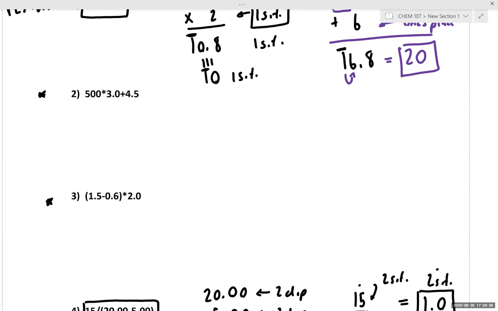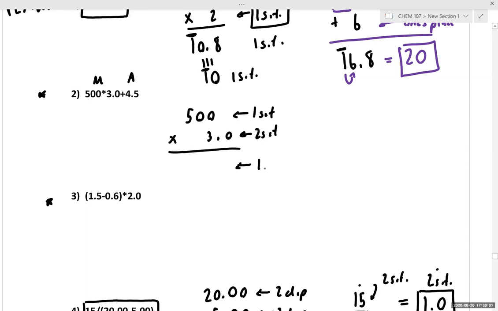Okay, so let's discuss these examples. First and foremost, we deal with multiplication first and then addition. So we have 500 times 3.0. 500 has a grand total of 1 sig fig, while 3.0 has 2 sig figs. So our final answer should have 1 significant digit.